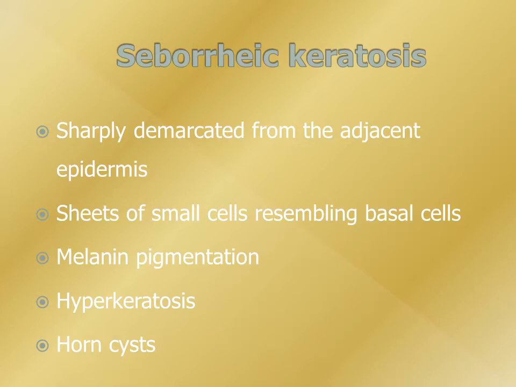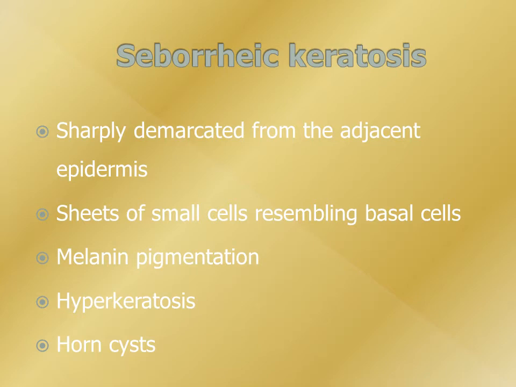A variable degree of melanin pigmentation can be seen, and the second important thing is hyperkeratosis, which is increased or exuberant keratin production on the surface of the lesion. One important feature is horn cysts. Horn cysts are small invaginations which are filled with keratin, or you can call them keratin filled cysts.